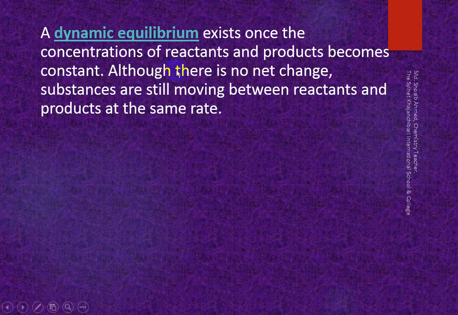A dynamic equilibrium exists when the concentrations of the reactant and product become constant, although there is no net change.